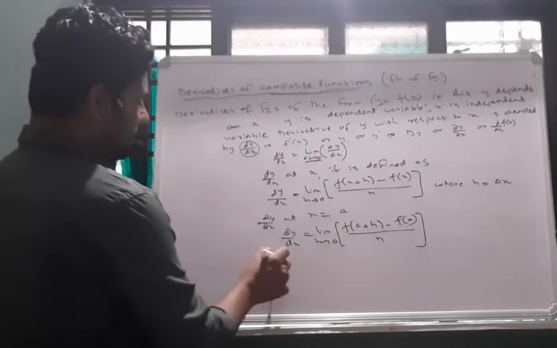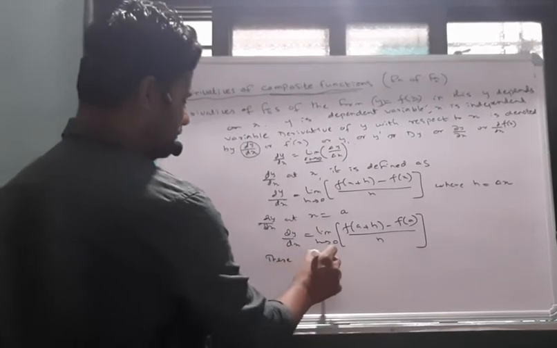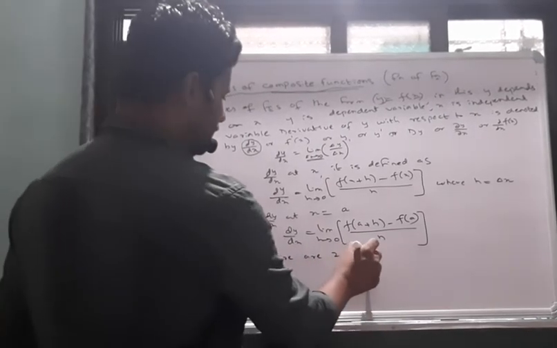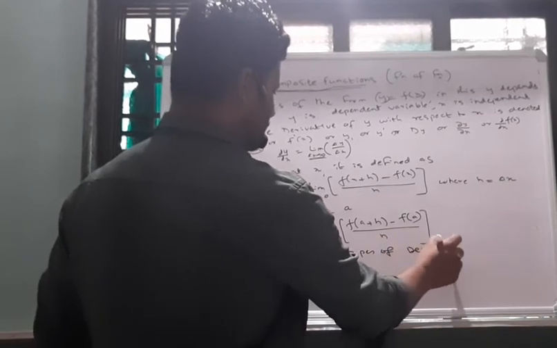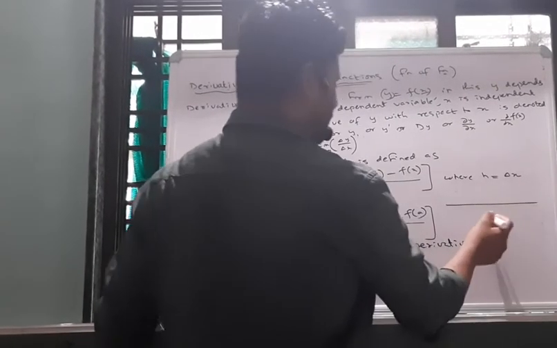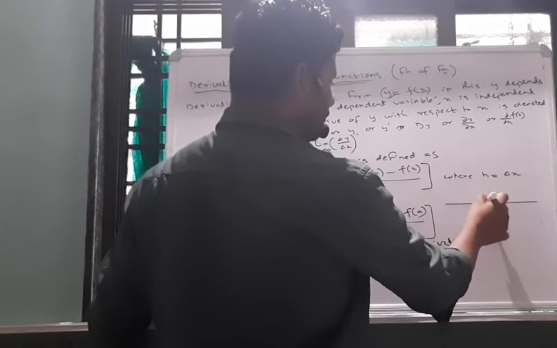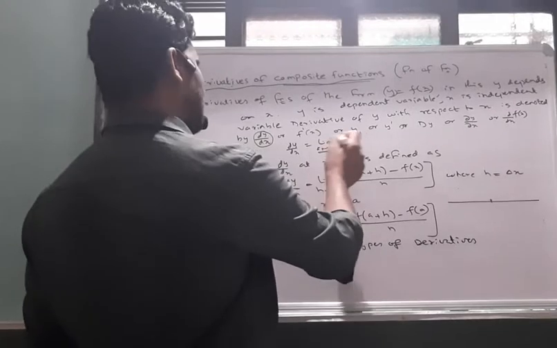Again, there are two types of derivatives of a function. The derivative is nothing but the change in y with respect to x, and it is defined as the limit of delta y by delta x.